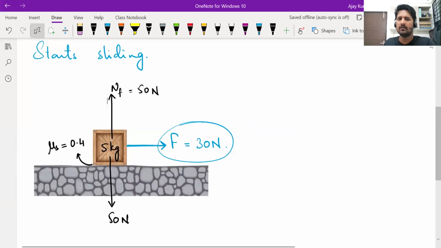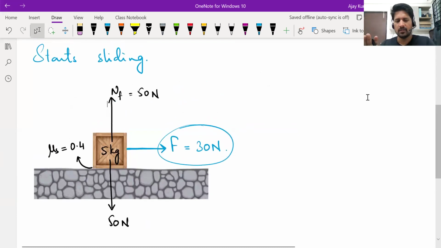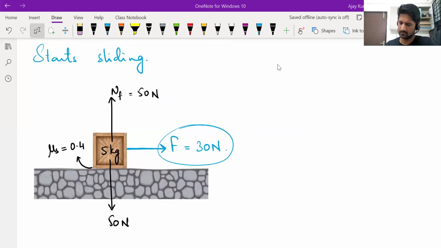It will be kinetic friction. Do you all think friction will be acting when an object is sliding or not? Will there be some opposition to sliding or not? Yes, sir. There will be some opposition to sliding. And that opposing force while sliding is what we call kinetic friction.